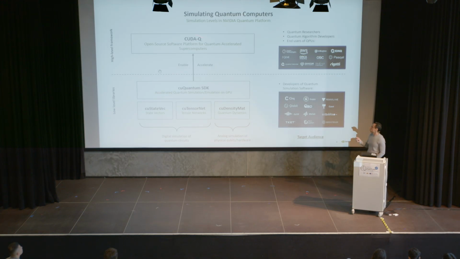For end users, we have at the top CUDA-Q, which targets quantum researchers. These are researchers working on developing quantum algorithms or designing quantum hardware. CUDA-Q is a high-level simulation framework accelerated by cuQuantum, like the others mentioned here.